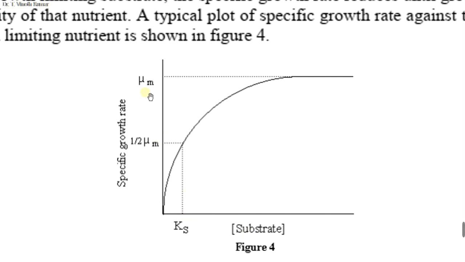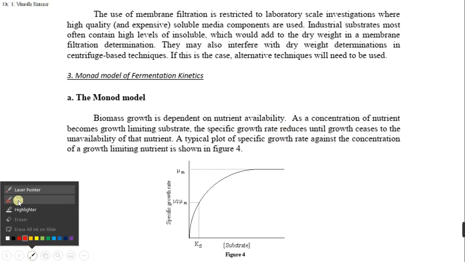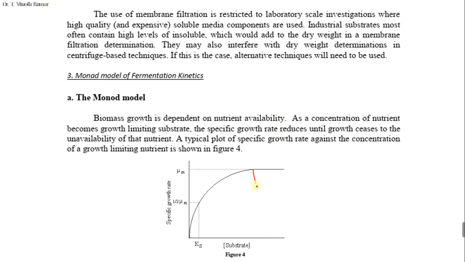At the same time, the specific growth rate has to increase. It is not directly proportional, and it is not a straight line. If you increase the substrate concentration for a particular microorganism, you can see a steep increase in the specific growth rate, and slowly it will attain a saturated point at this substrate concentration. For example, here I will draw a line; this is the point.